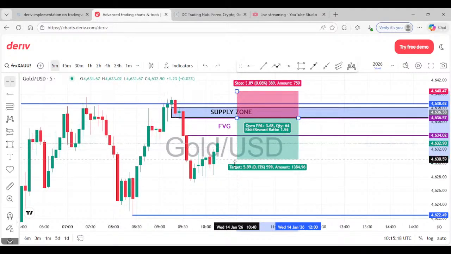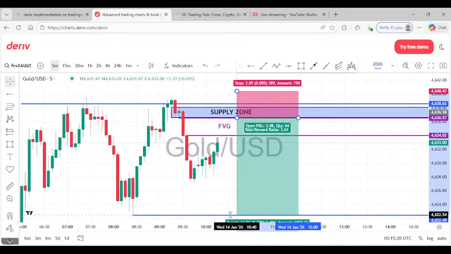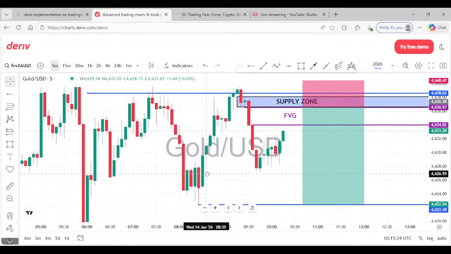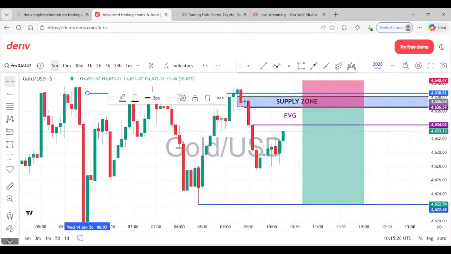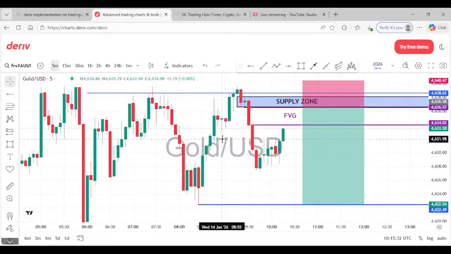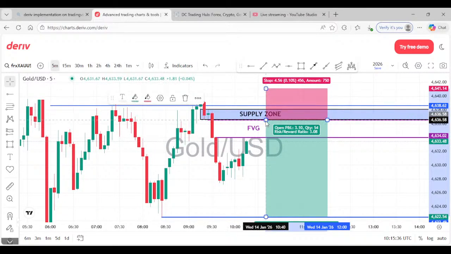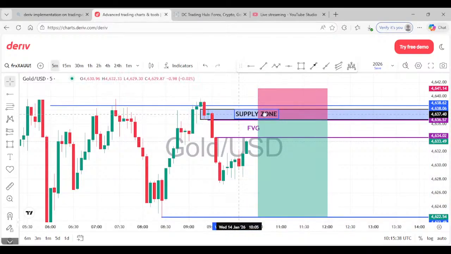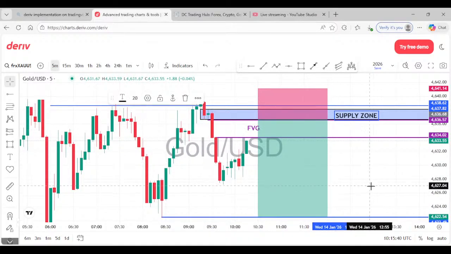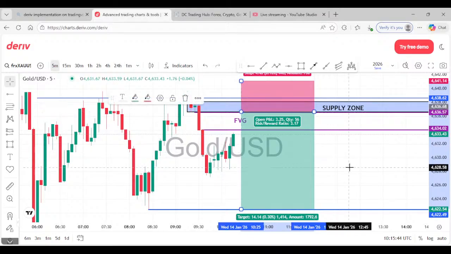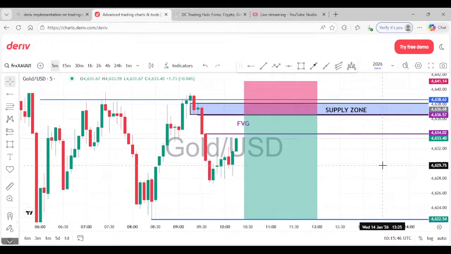Then we're going to target this level here. So this is my analysis on gold. Let's see this in real time. Our entry will be here. Our target is going to be here. So let's see how this will play out.